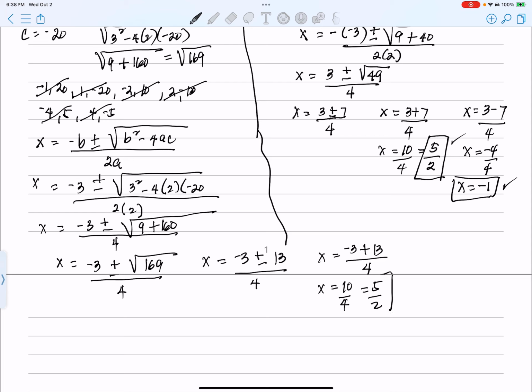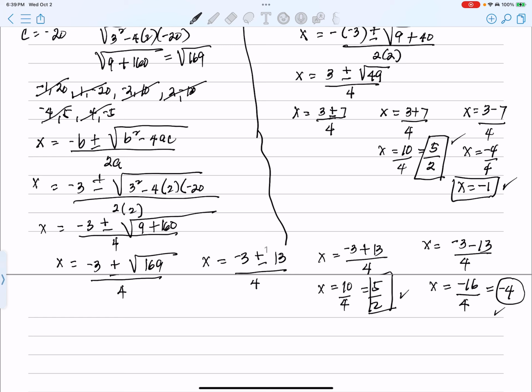Okay. Let's get the other value. Negative 3 minus 13 over 4. So x is negative 16 over 4. x is negative 4. That's it.